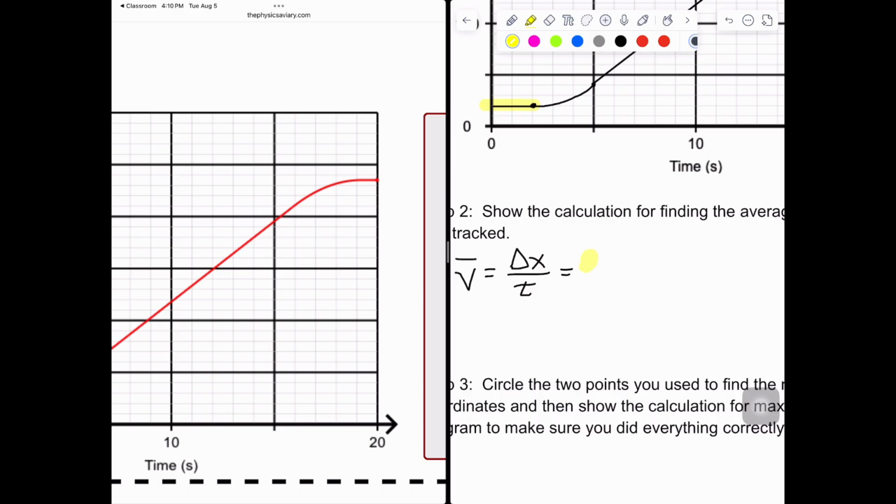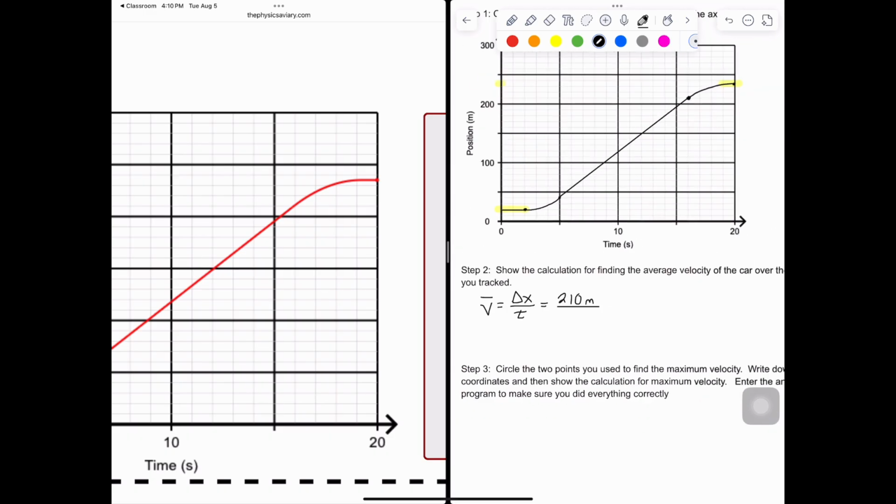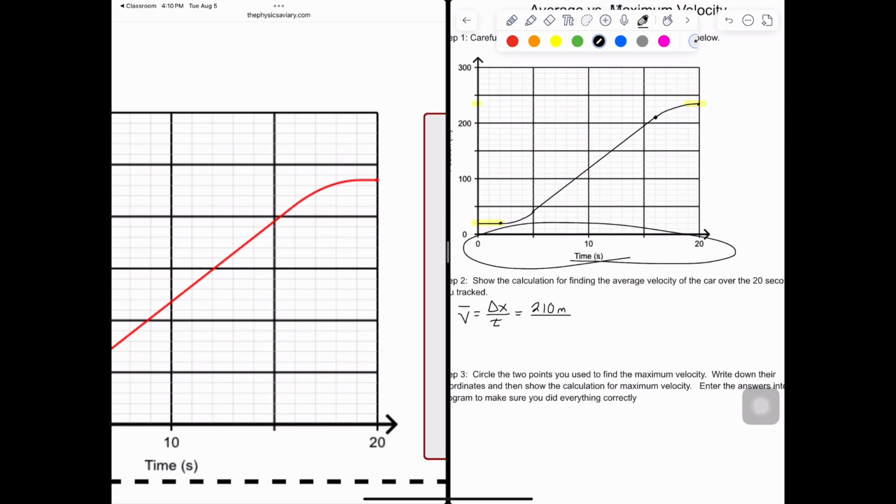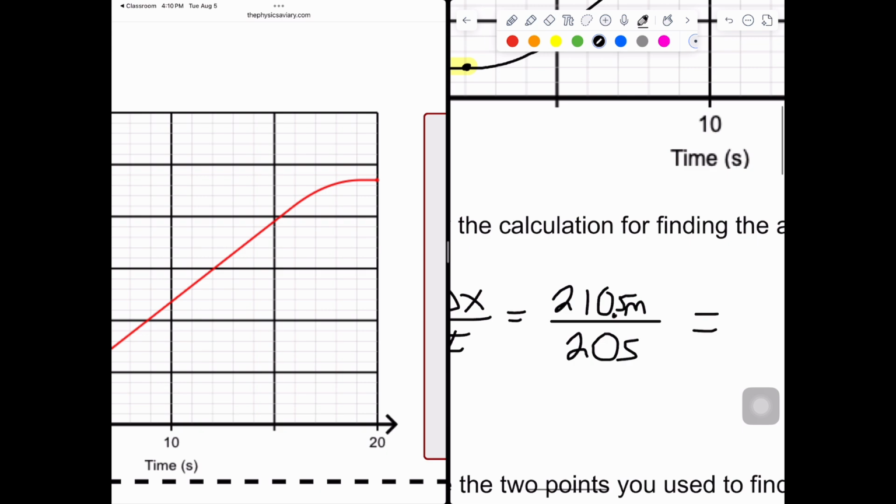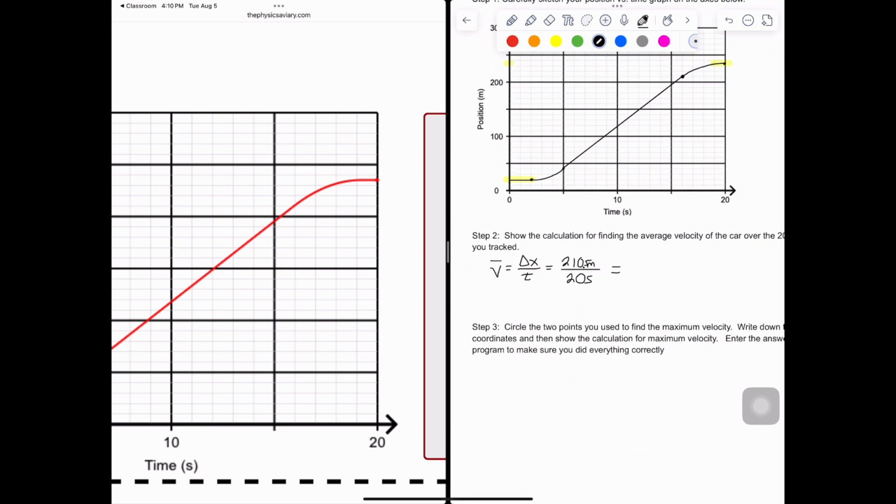Okay, so we're looking at 210 meters. And the entire time interval you can see down here is 20 seconds. So 210 divided by 20 seconds. We're looking at an average velocity of about 10.5 meters per second, roughly.